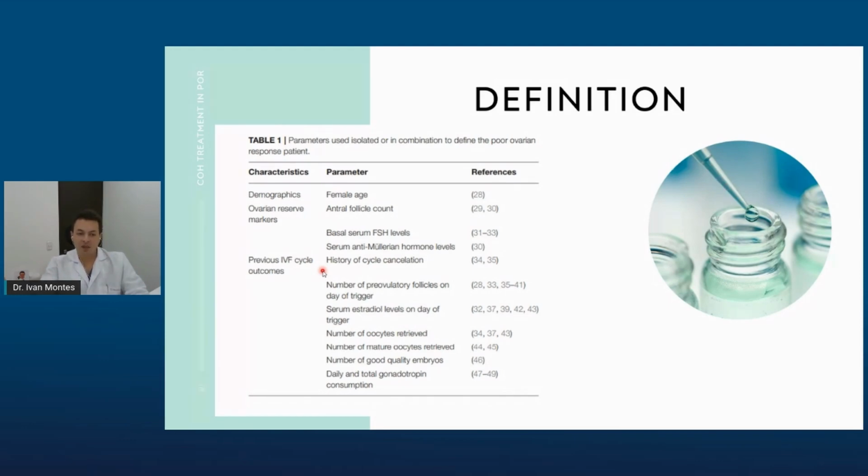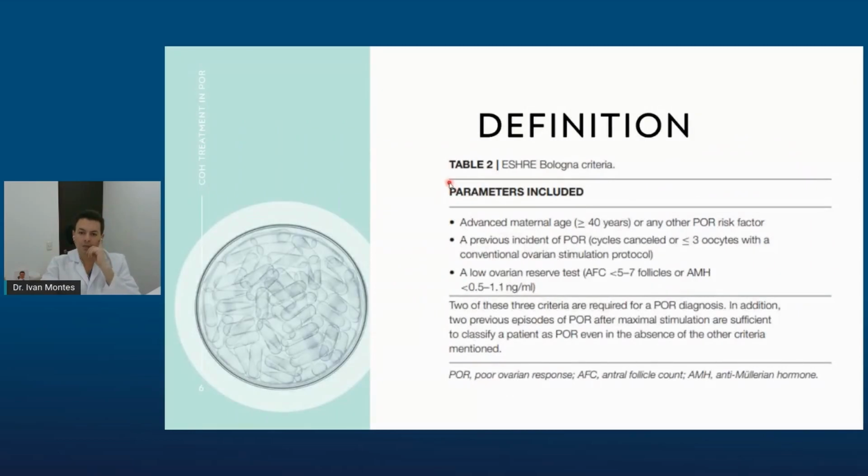So in 2011, the ESHRE reunited and carried out the first systematic effort to define women with inadequate response to ovarian stimulation. So the Bologna criteria were created, and at least 2 of these 3 criteria must be present to classify a patient as poor responder.